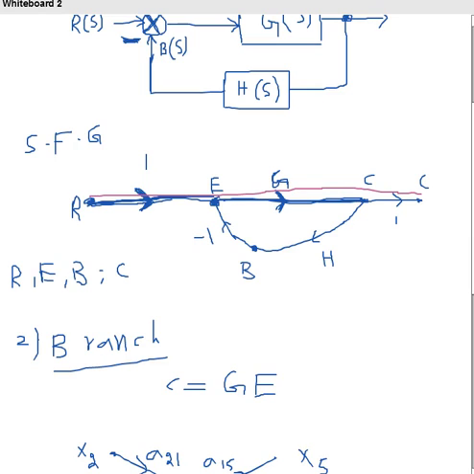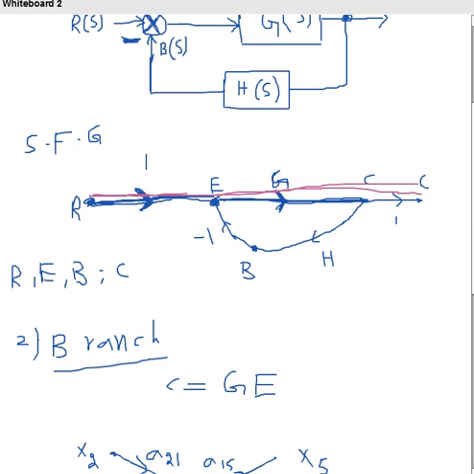If it is touching more than one time, that is not a path. If it is touching more than one time, that is nothing but a loop. So this is also nothing but a forward path.